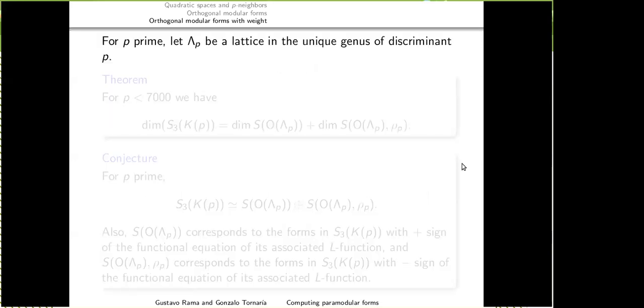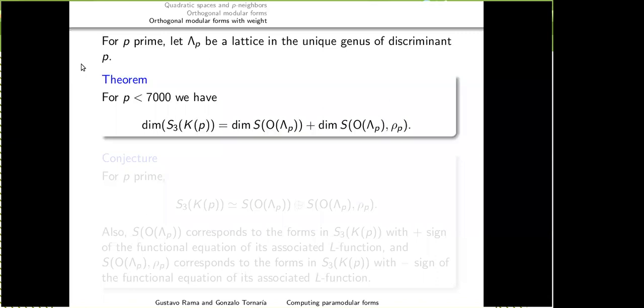Now we did some experiments, and I'm going to talk about that. If we take a prime p, we take lambda p to be a lattice in the unique genus of discriminant p. Now we computed for p less than 7,000 the spaces of cuspidal orthogonal modular forms with trivial weight and with non-trivial weight.